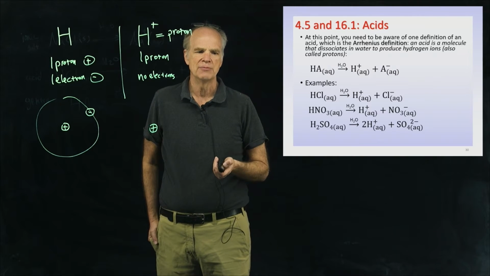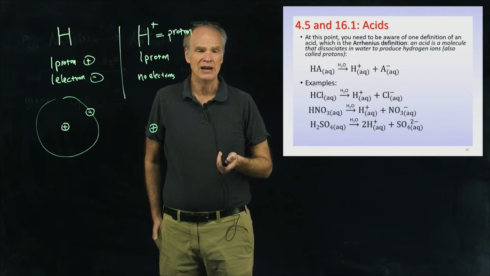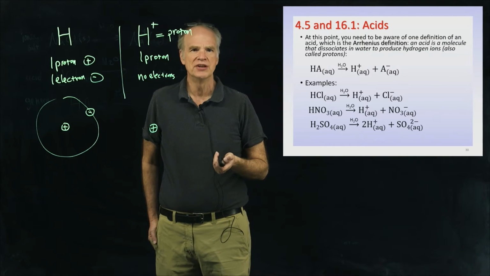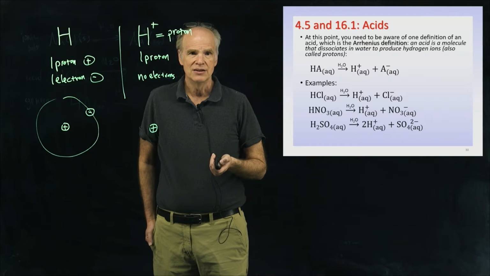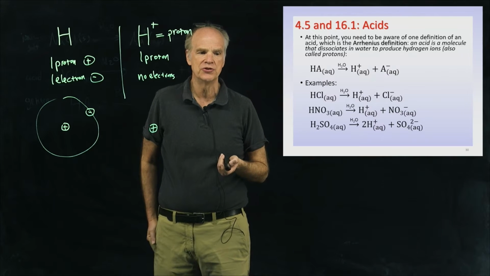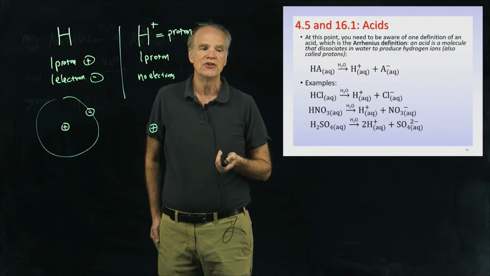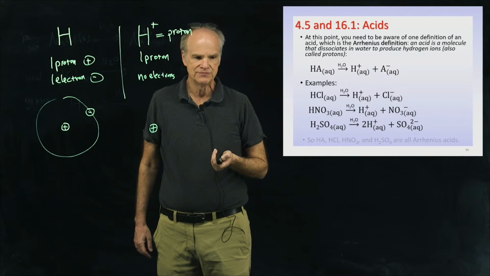And here's another example. This is sulfuric acid. Its formula is H2SO4, and sulfuric acid is a little different. When it goes into water, it tends to lose 2 protons. You can see there's 2H plus there. And then what's left is the sulfate ion, which is SO4 2-.